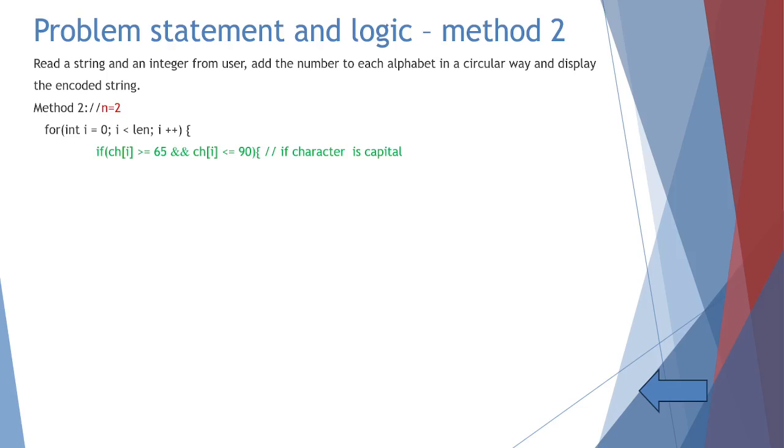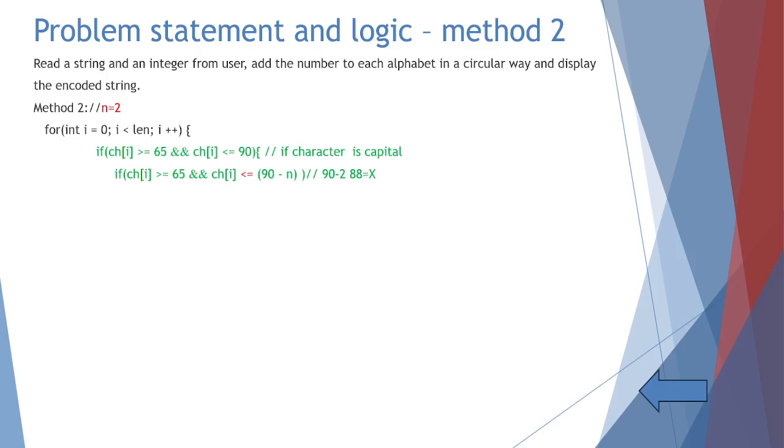And we need to deal with both the alphabets, capital and lowercase, differently. So first of all, we take an if condition, if ch of i is greater than or equal to 65 and less than or equal to 90, that is capital letters. Then we take a nested if for two conditions. First condition is ch of i greater than 65, but ch of i less than or equal to 90 minus n.